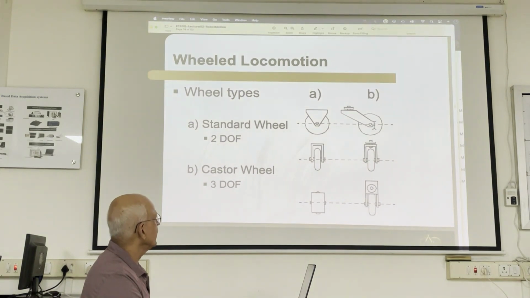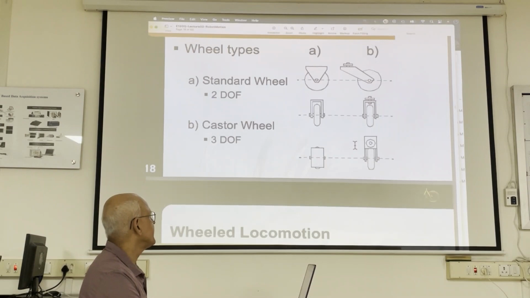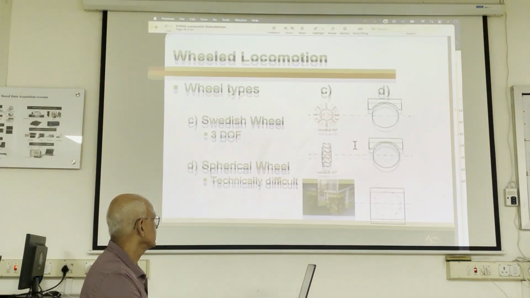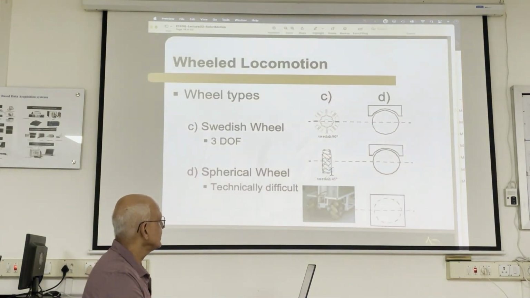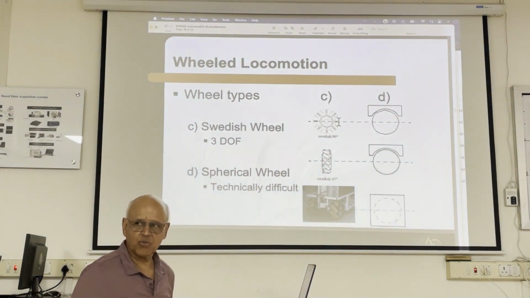Okay, that's the cost of wheel here. So you see this wheel here? It's called a Swedish wheel. Swedish wheel 45, Swedish wheel 90. Let's go with the Swedish wheel 90. If you have a robot with 4 of these wheels, it is capable of going sideways.